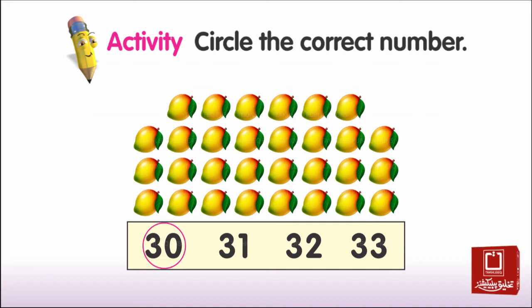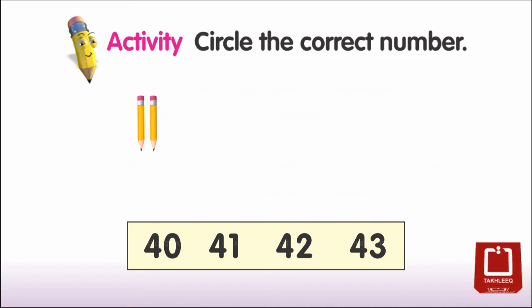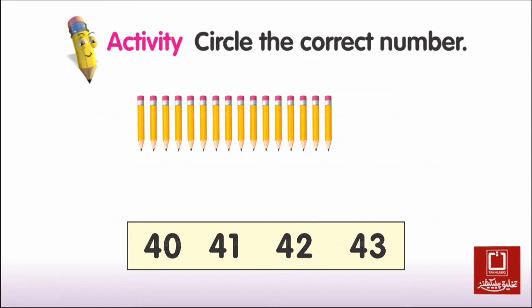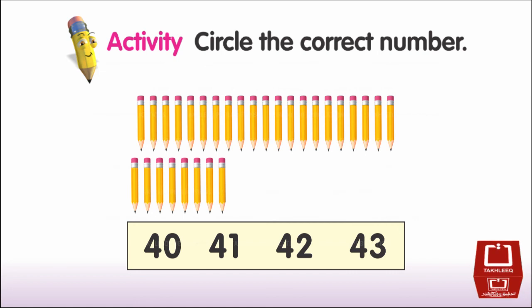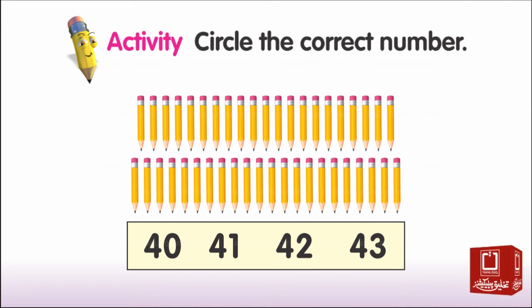We count the given objects. 1, 2, 3, 4, 5, 6, 7, 8, 9, 10, 11, 12, 13, 14, 15, 16, 17, 18, 19, 20, 21, 22, 23, 24, 25, 26, 27, 28, 29, 30, 31, 32, 33, 34, 35, 36, 37, 38, 39, 40, 41, 42 and 43.